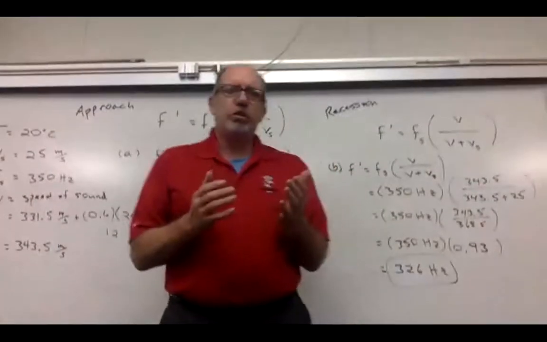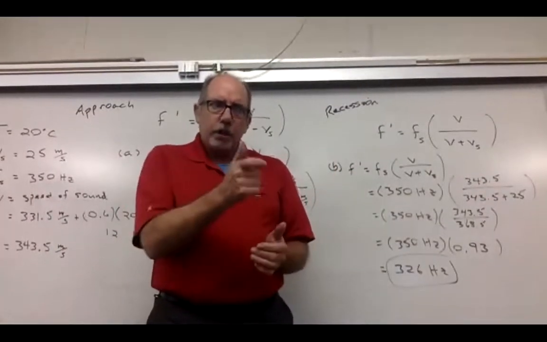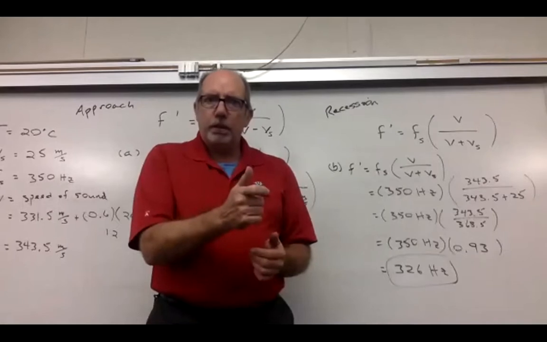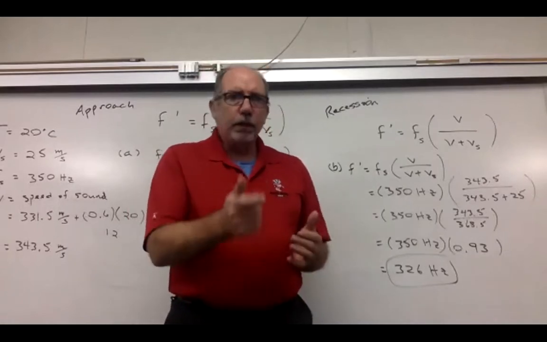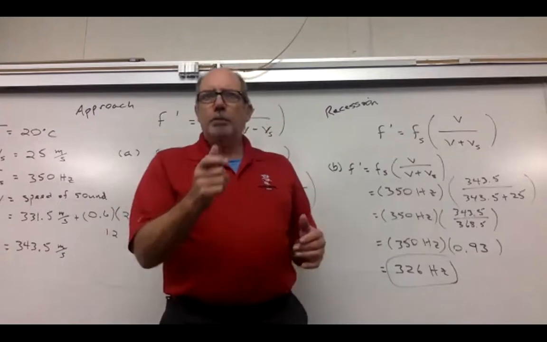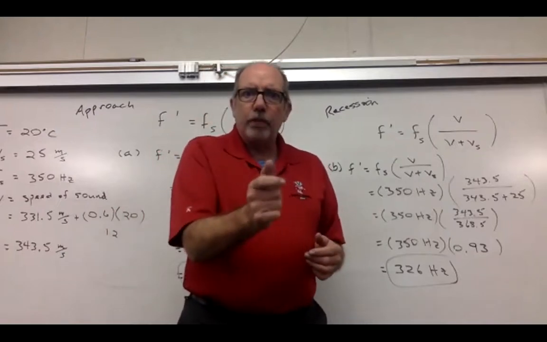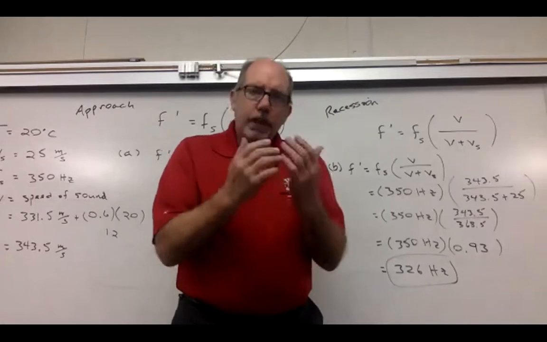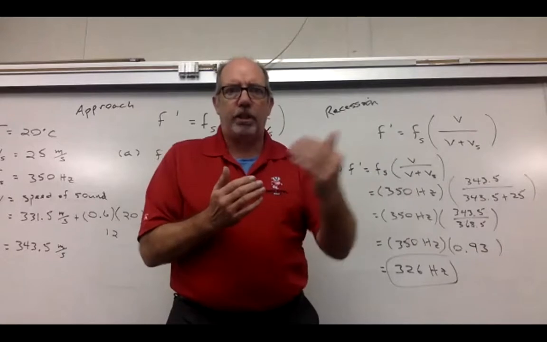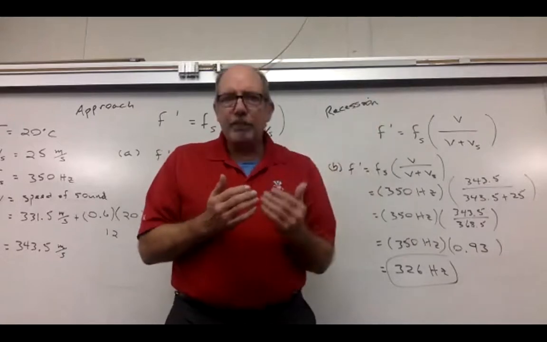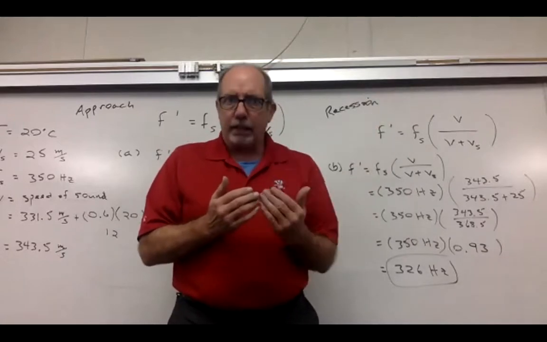By the way, this is how police officers check to see if you're speeding. This is how speed guns work, whether it's for the police or baseball scouts measuring the speed of pitches. They use the Doppler effect. They send out a signal of known frequency. They get that frequency back and they read it.